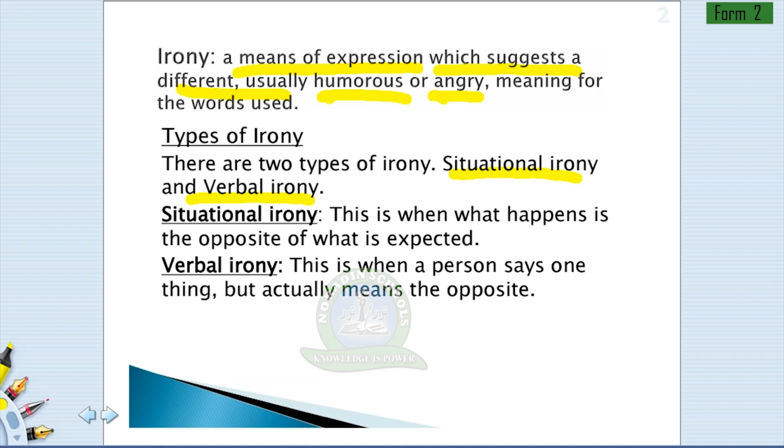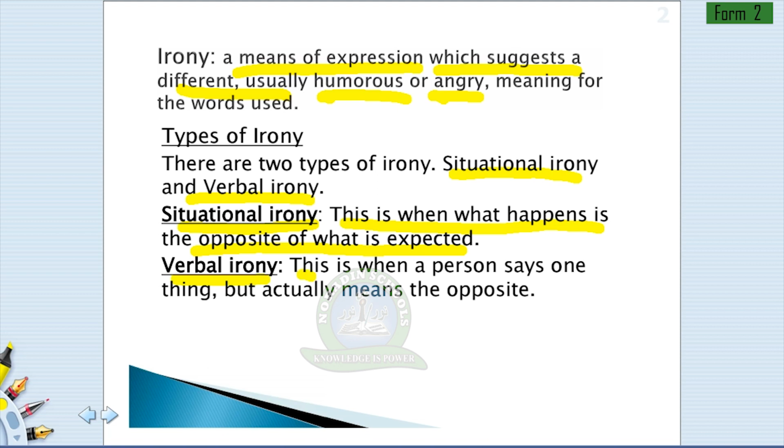Let's start with the first one, situational irony. What is it? Situational irony is when what happens is the opposite of what is expected. Something happened and it becomes the opposite, so you didn't expect that result. This is called situational irony.